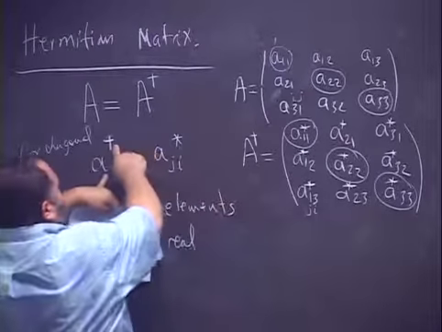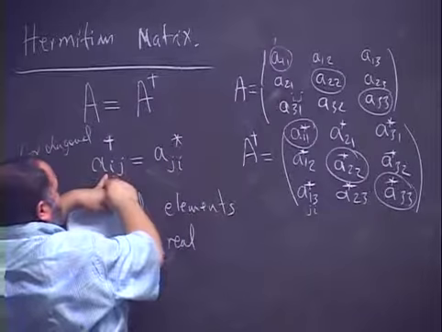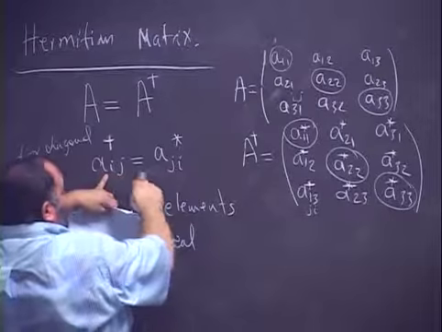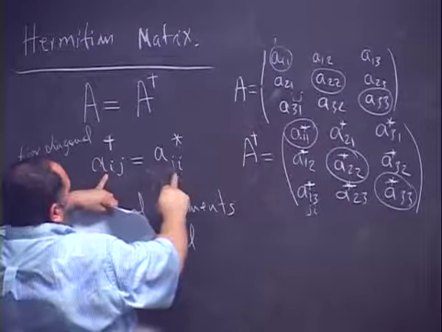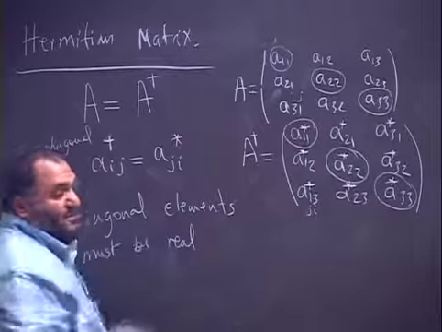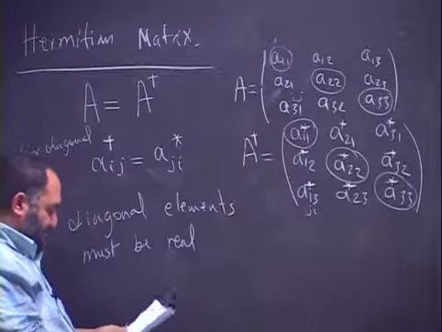A11, the dagger of the diagonal, means transpose it. It's a number, so transposing it is the same. Take the complex conjugate, so Aij will be Aji, and it is the complex conjugate. So it must be real.